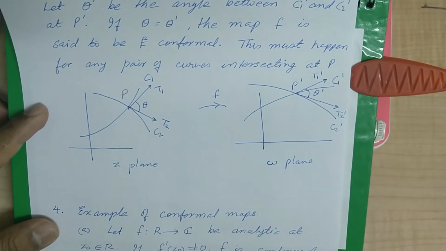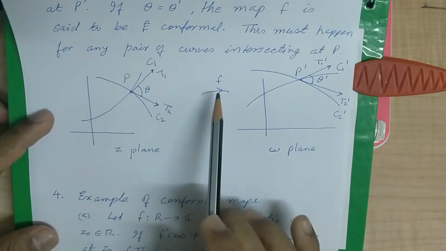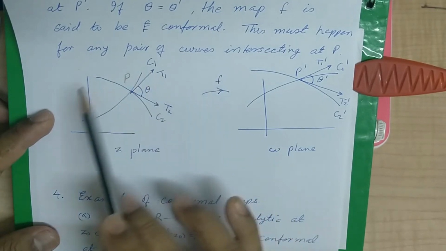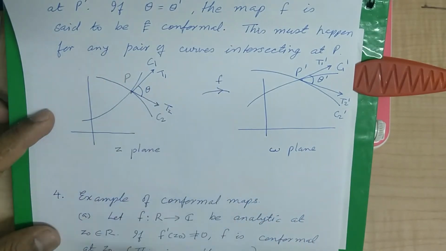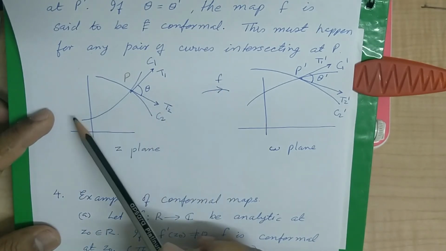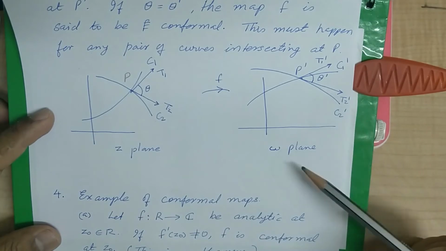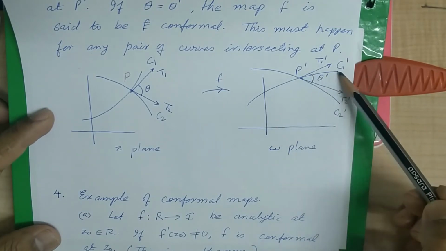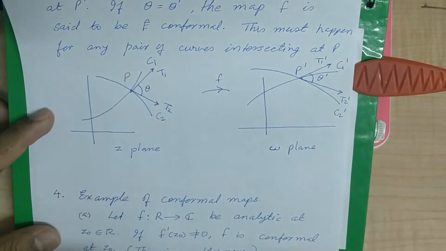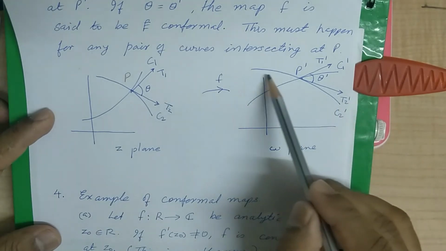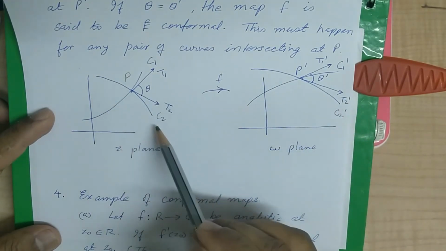Okay. And now what we do is we look at a map. So f is a complex function acting on this complex plane, certain domain of the complex plane, let's say. So this function will take the curve C1 to another curve in the W plane. We call that C1 dash. So C1 dash is the image of C1. Similarly, C2 dash is the image of C2 in the W plane.